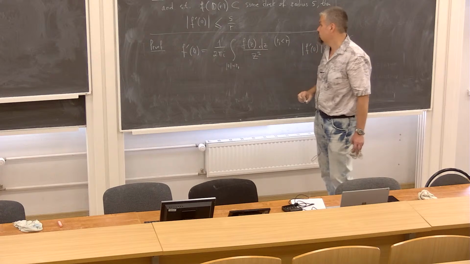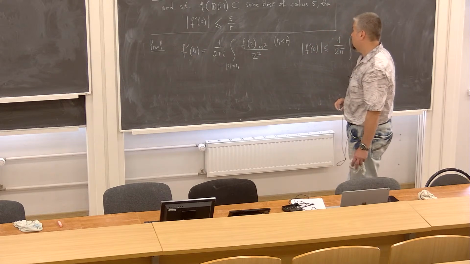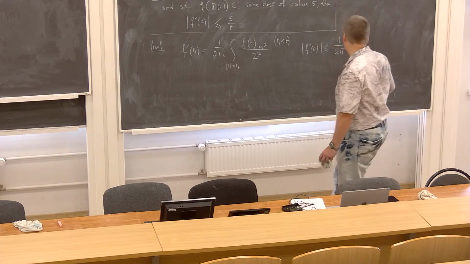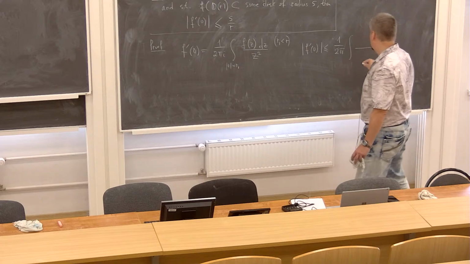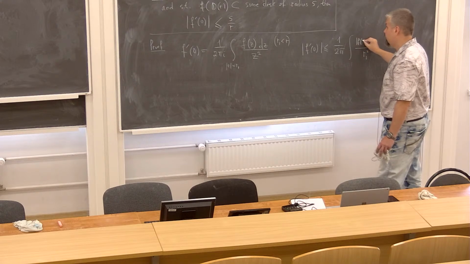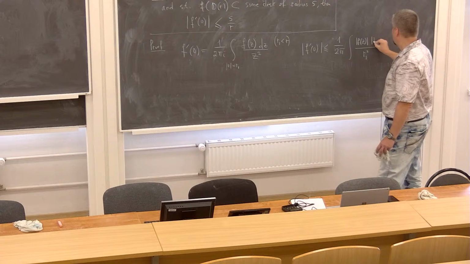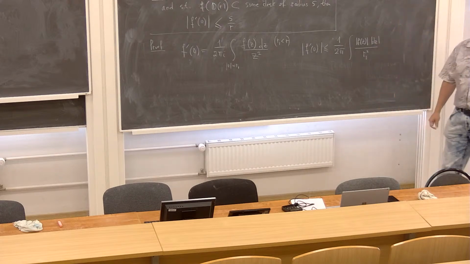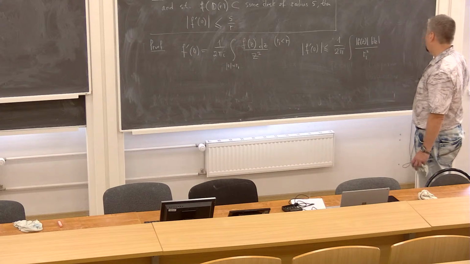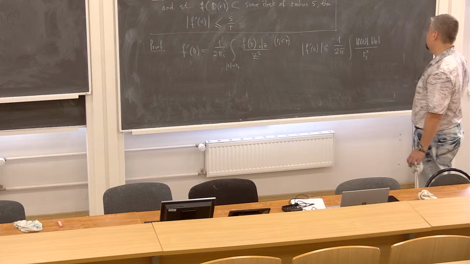So I can put the absolute value here, with r1 squared and modulus of f of z, modulus dz, in the numerator.